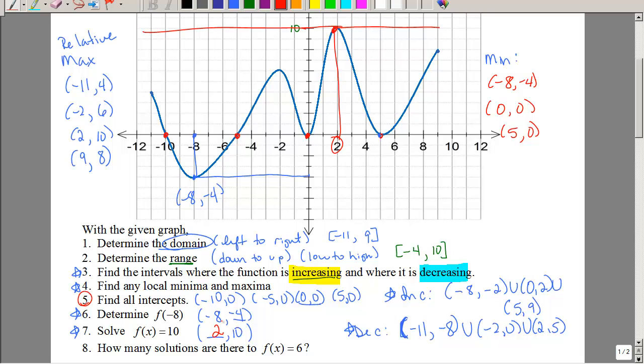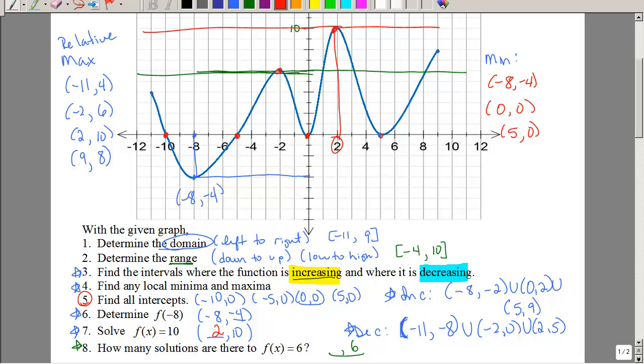2. And then my last one is, how many solutions are there for f of x equals 6? Meaning, are there more than one place where y is equal to 6? Well, let's look. 2, 4, 6. So if I extend this, this is everywhere the graph hits 6.